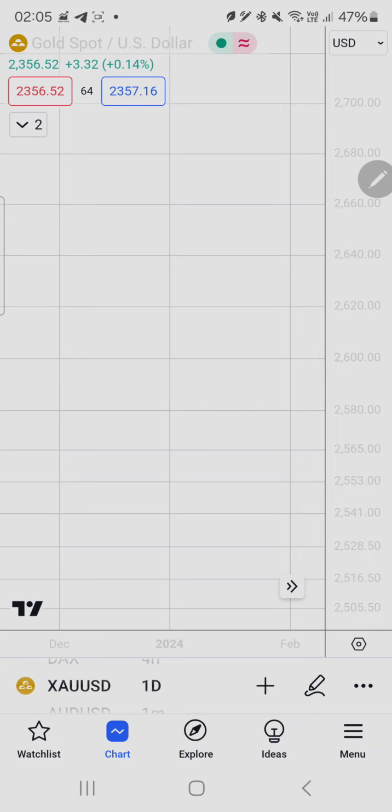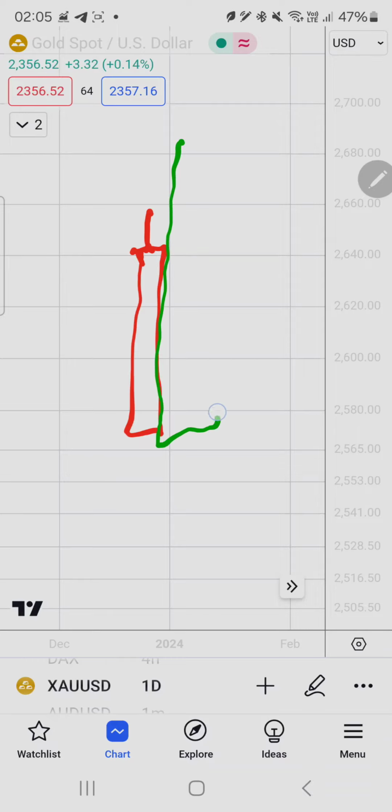But before marking the charts, let me tell you another thing. This is the candle here, right? This candle, red candle. Let me make a green candle. This is my green candle.